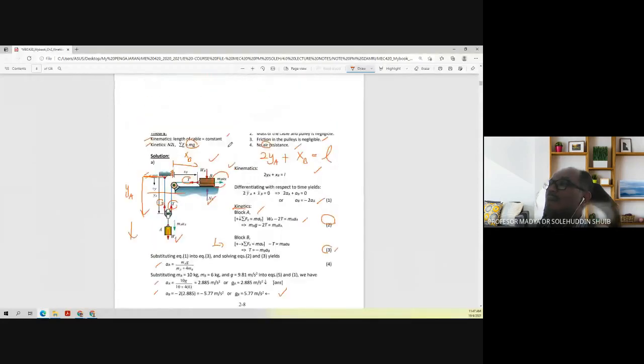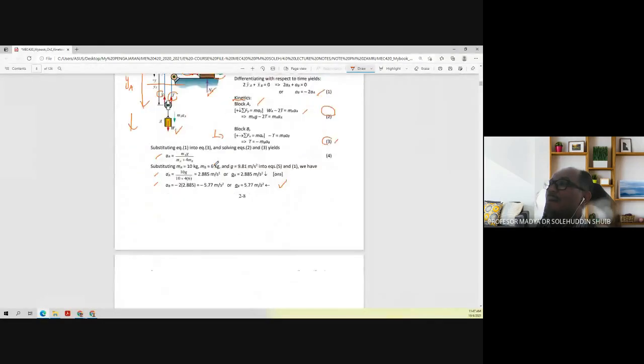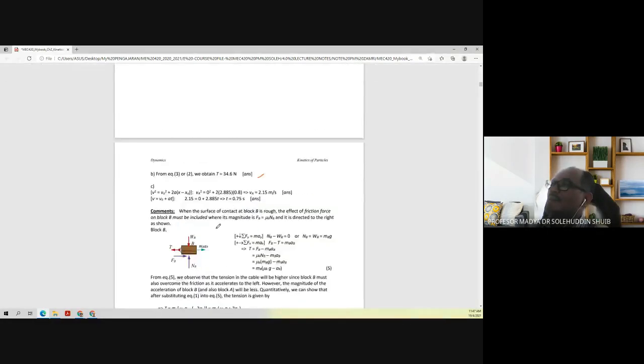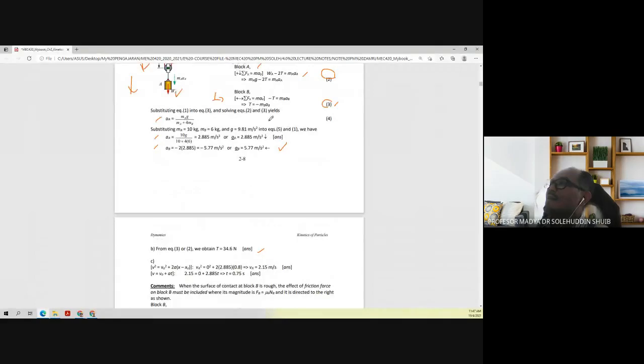So we have done part A, now part B. For part B, you have obtained T equal to 34.6 from the previous question. This is the tension of the rope.